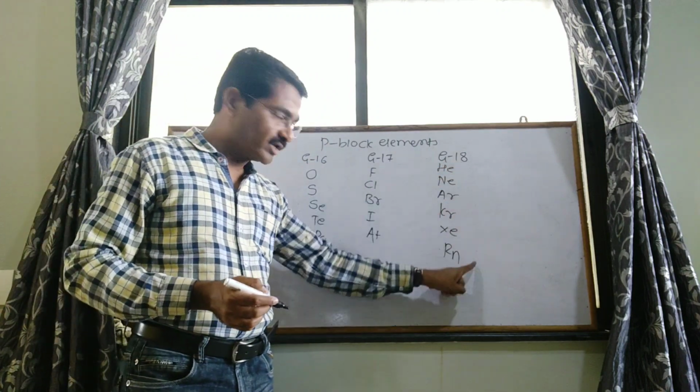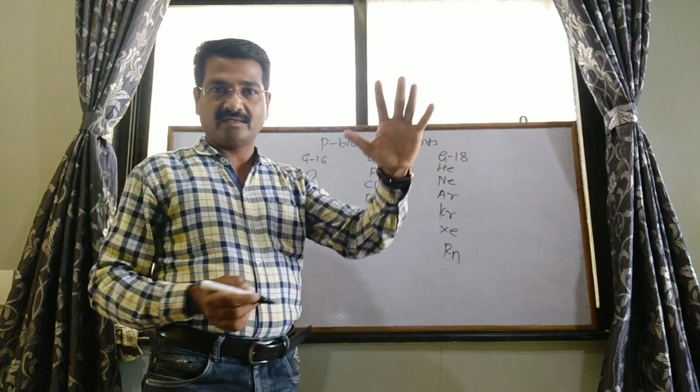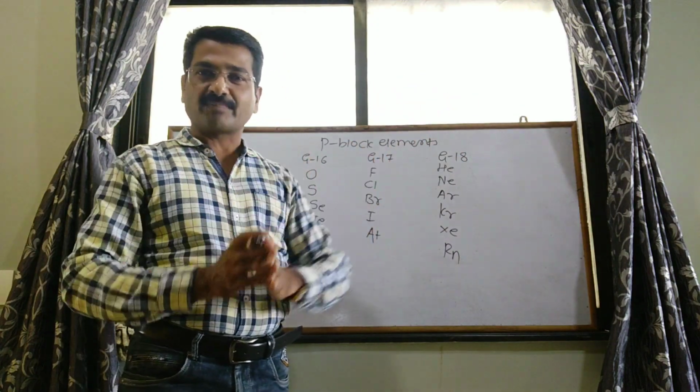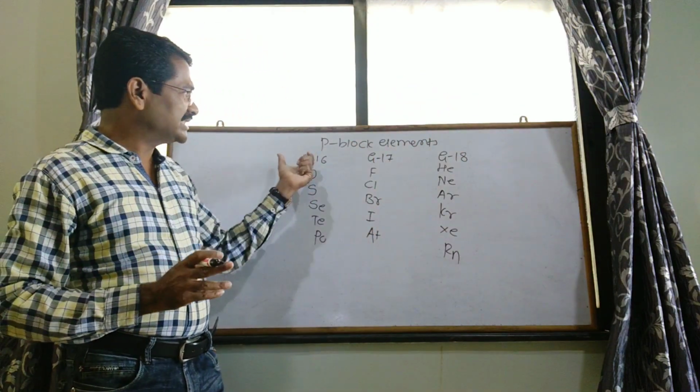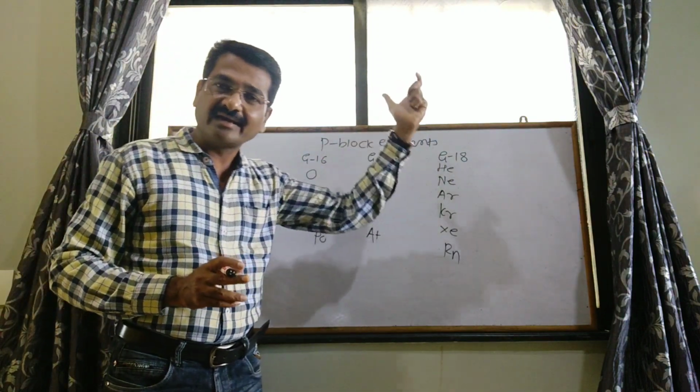From helium to radon, all these elements are placed in group 18. So for 12th science we require only these three groups: 16, 17 and 18.